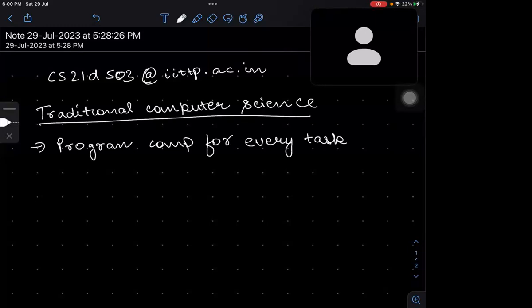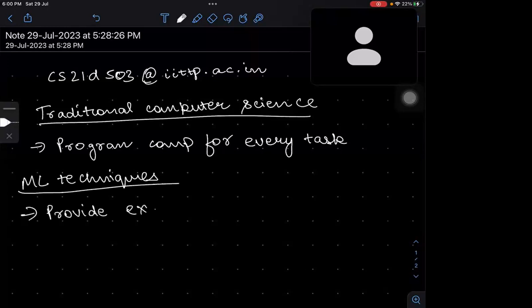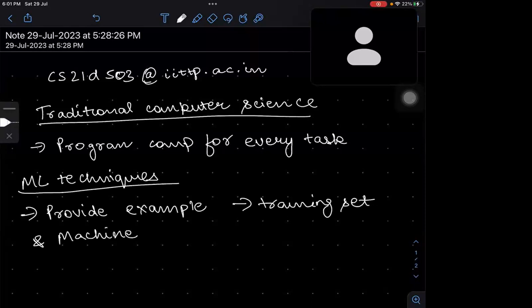And then we came up with ML techniques, where we provide examples to the computer, which are the training set, and then the machine is learning to accomplish the task on the examples.